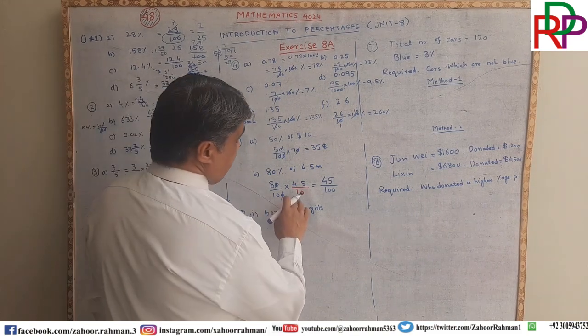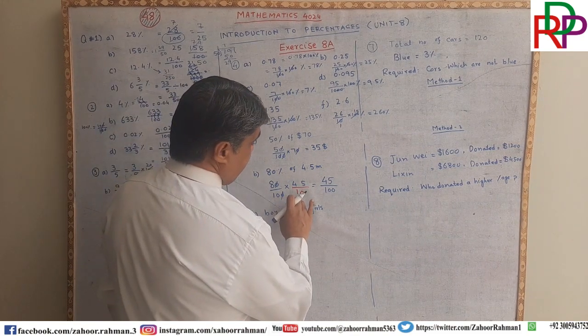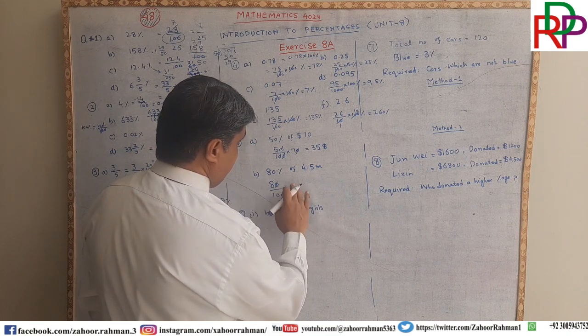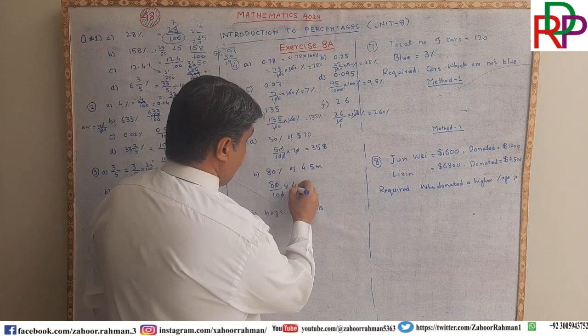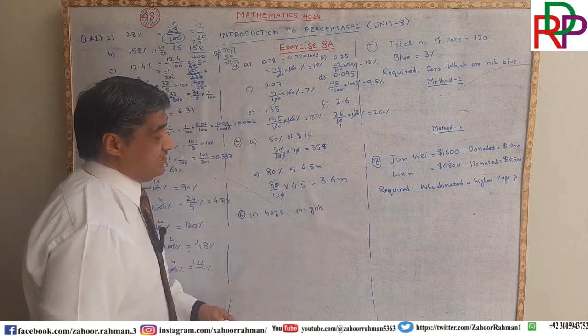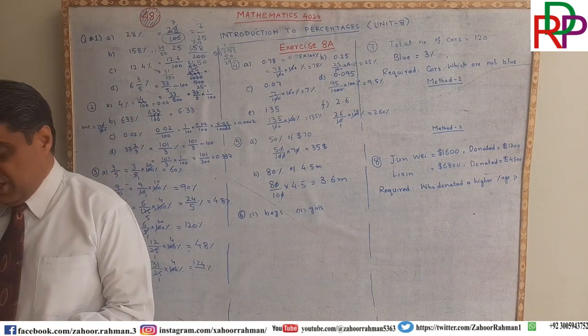We are not going to make it complicated, because this will be complicated. 80% of 4.5 is equal to 3.6 meter. You can do that on the calculator.